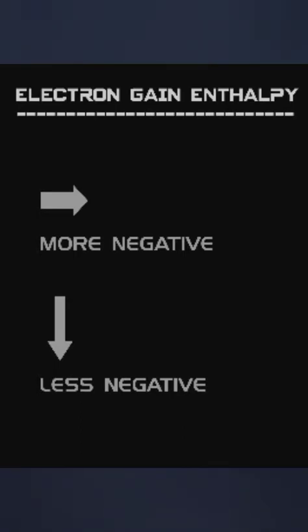As we go from left to right, atomic size decreases and force of attraction by the nucleus for the outermost electron goes on increasing. Similarly, when we go from top to bottom, the atomic size increases and the force of attraction of the nucleus for the outermost electron goes on decreasing.